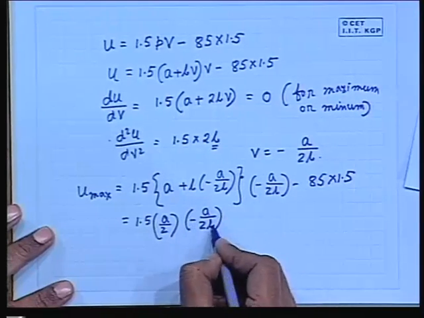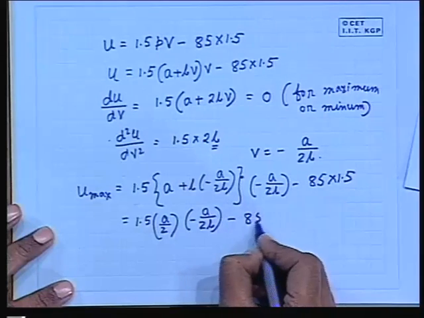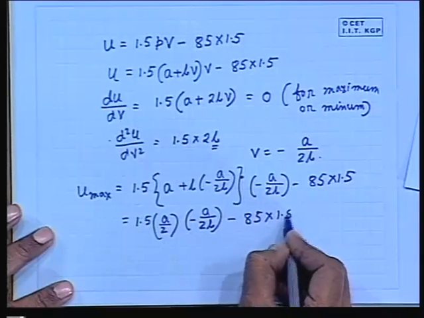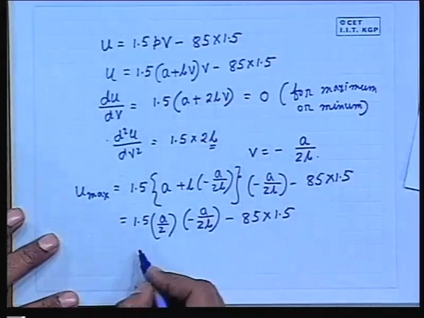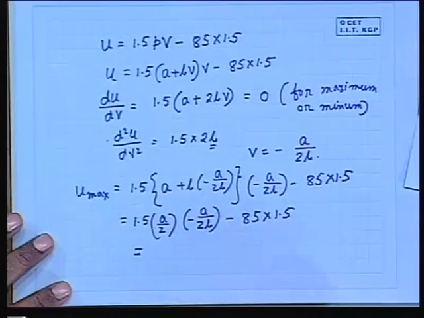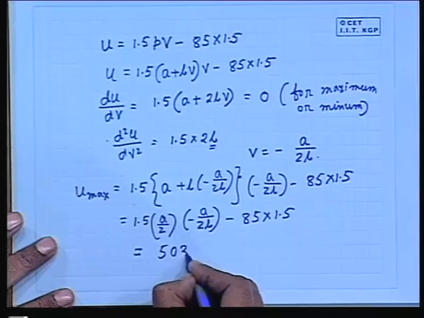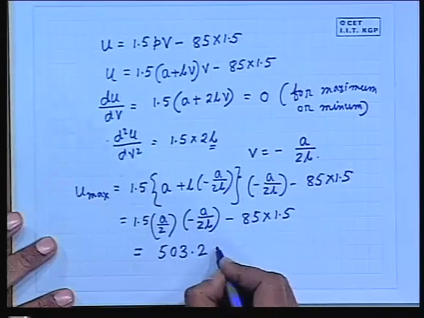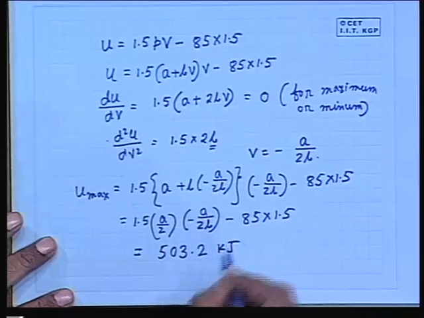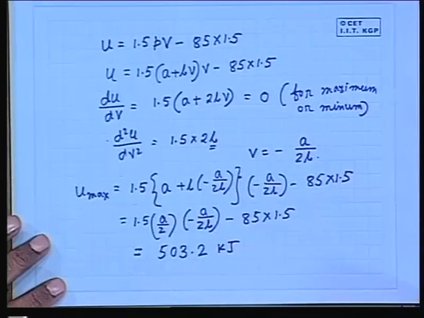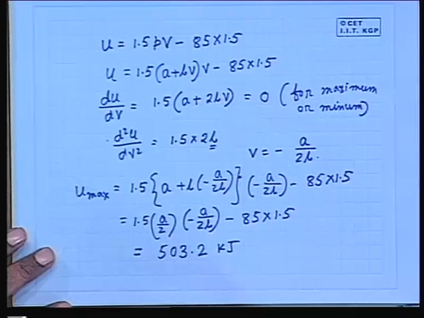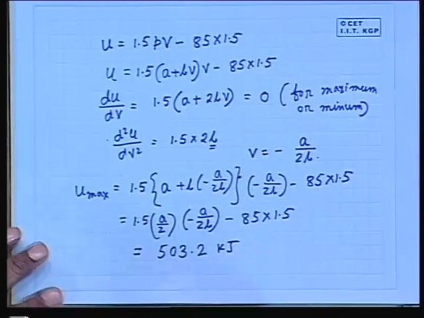So this minus will get cancelled with the minus in the V. Ultimately, I don't know the sign of this, but it will come positive. What is the value? The value will come 503.2. This is the maximum internal energy during the expansion.